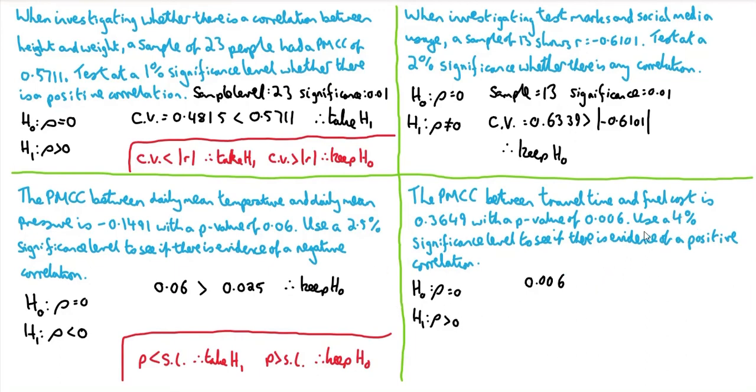We don't have to change that. It could just be written as 0.04 as a decimal. Which is bigger? Well, that's the significance level. What do we do if the p-value is less than the significance level? That's when we say there is enough evidence and that we do therefore take our alternate hypothesis, in this case saying there is enough evidence that there is a positive link between travel time and fuel cost.